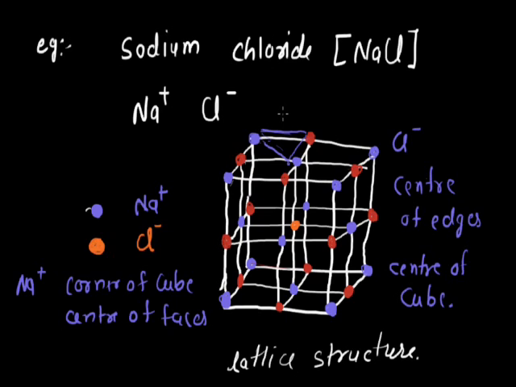Between Na plus and Na plus, the force of repulsion works, because they have the same charge. Between Na plus and Cl minus, they have opposite charges, so attraction forces work.